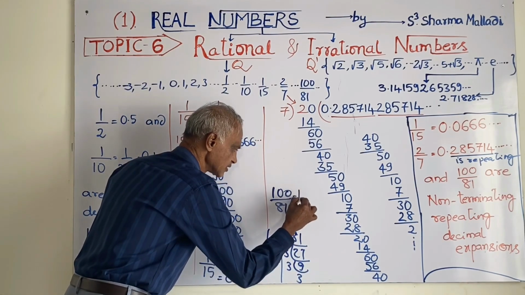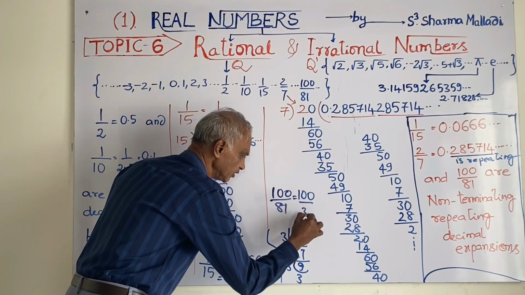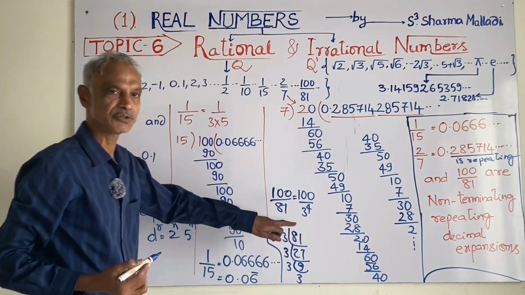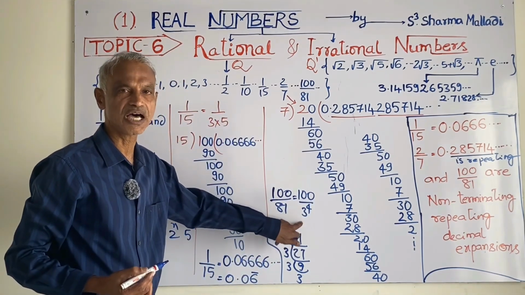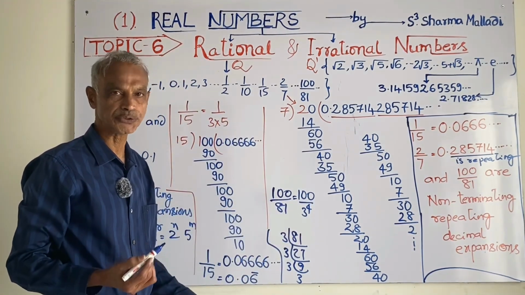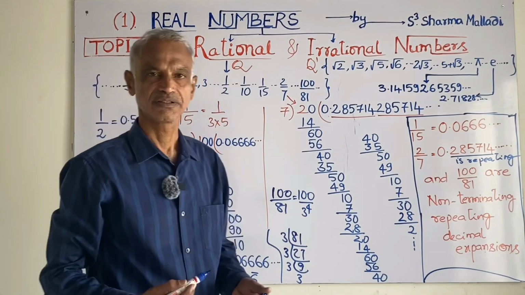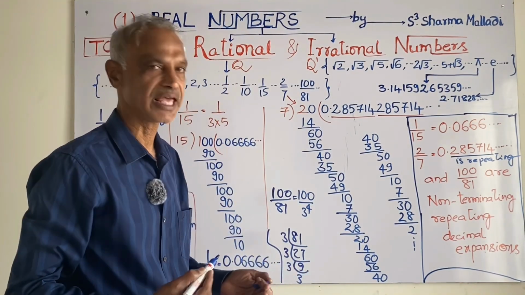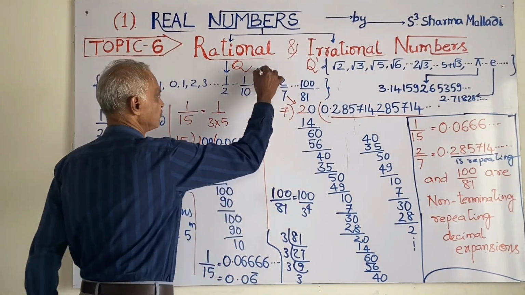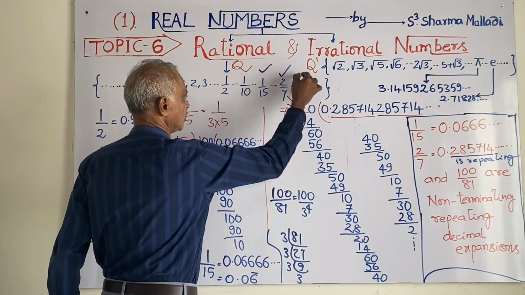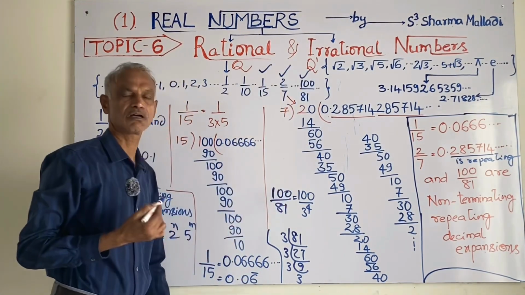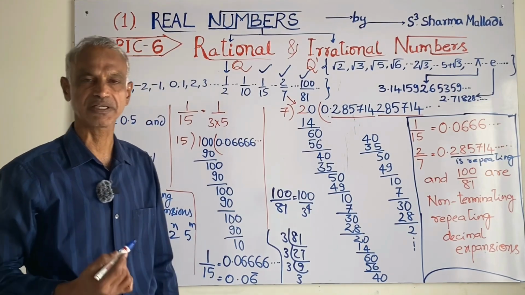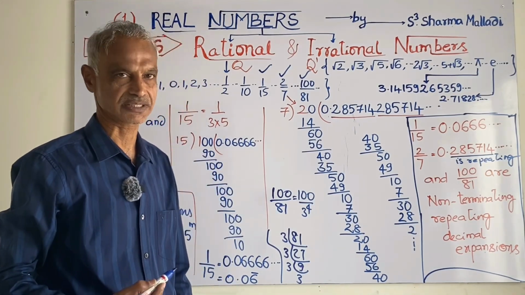It can be written as 100 by 3 to the power of 4. Here you don't have either 2 or 5 or 2 into 5. You have 3. That's why it is non-terminating repeating decimal expansion. See 1 by 15, 2 by 7, 100 by 81. These are all non-terminating repeating decimal expansions.